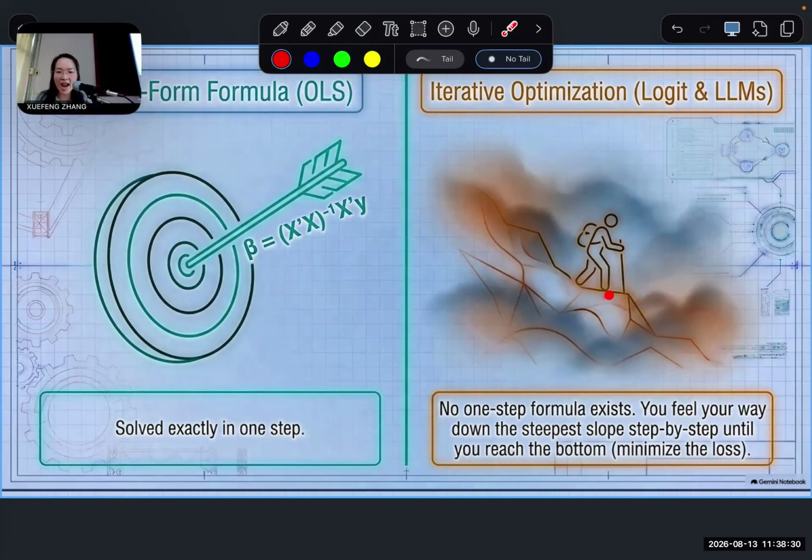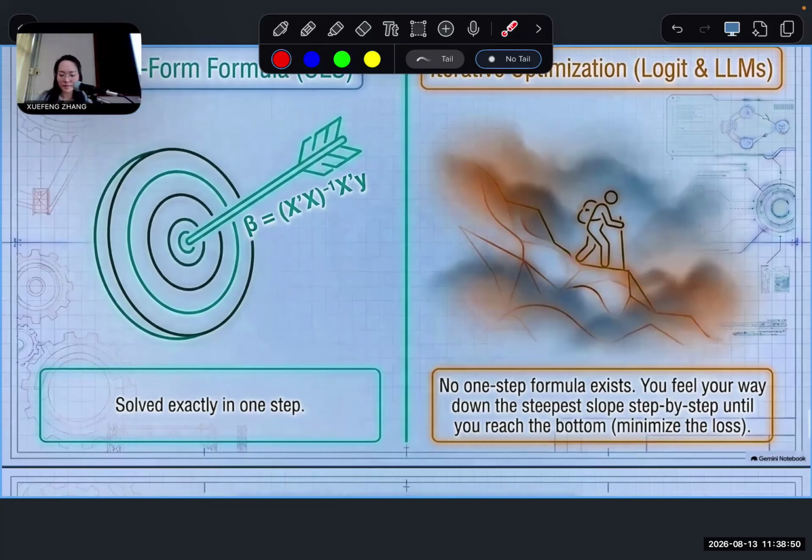It's just like a hiker descending a foggy mountain, taking the steepest path down until you reach the bottom. Basically, we need to minimize the loss, step by step.